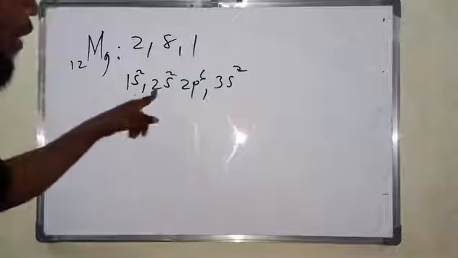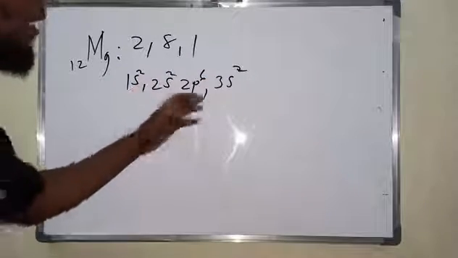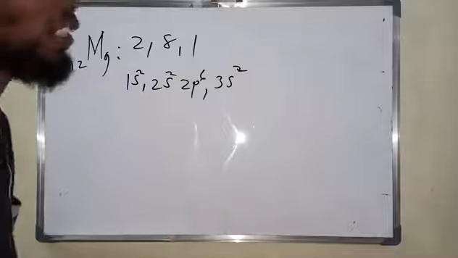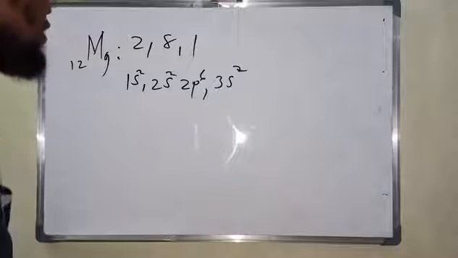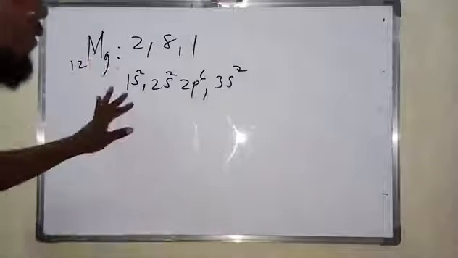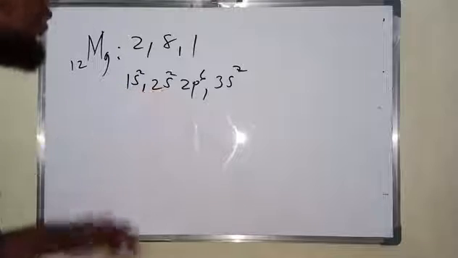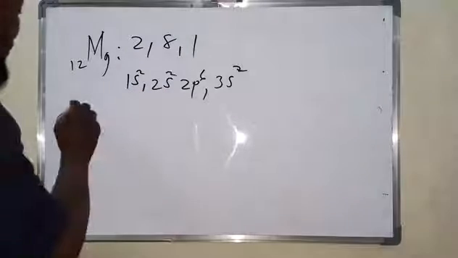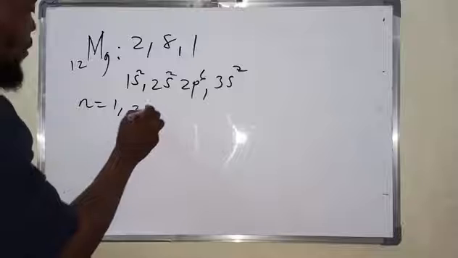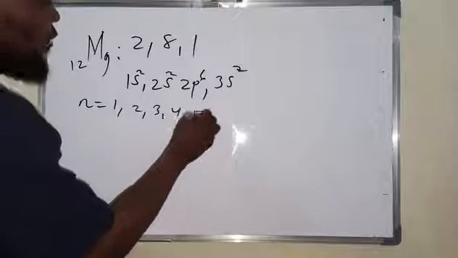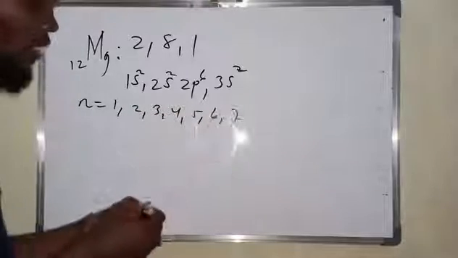The number you have before the letters indicates the energy level of the orbital. So this s orbital is for energy level 1, and this is the s orbital of energy level 2. Our energy levels are 1, 2, 3, 4, 5, 6, 7.